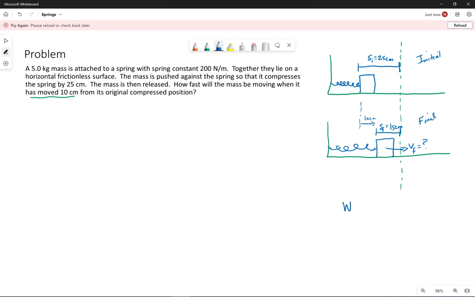We're going to use net work is equal to the change in kinetic energy again. And by net work, we mean the work done by the normal force, work done by the spring, work done by the force of gravity.